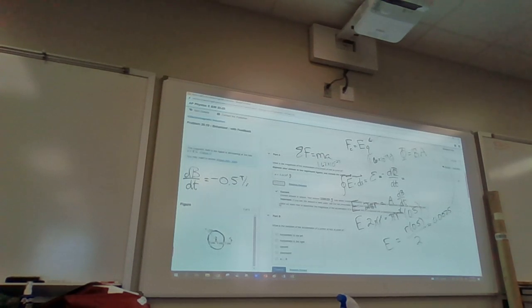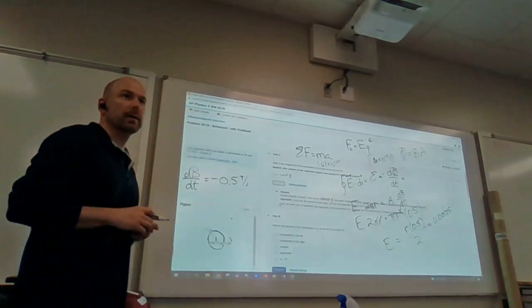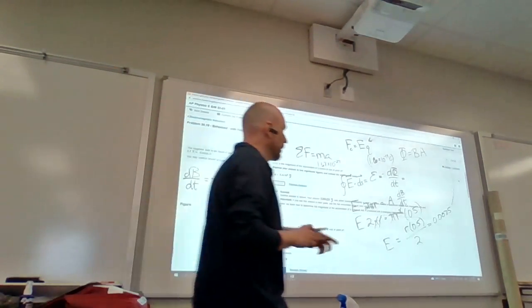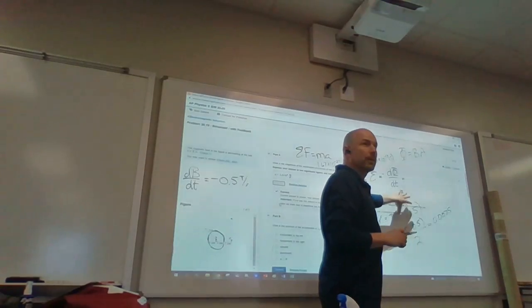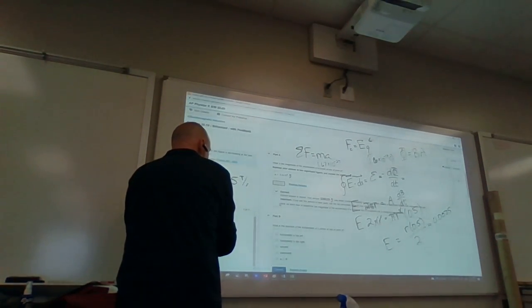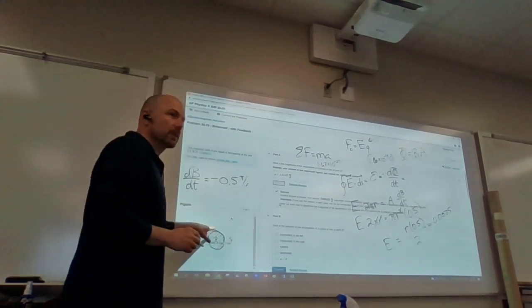Okay. So that's the mistake I made. So I took the area enclosed. So where the discrepancy was, the example that I gave you before was, what about out here? That's where the flux is. It's the flux going through this point here.